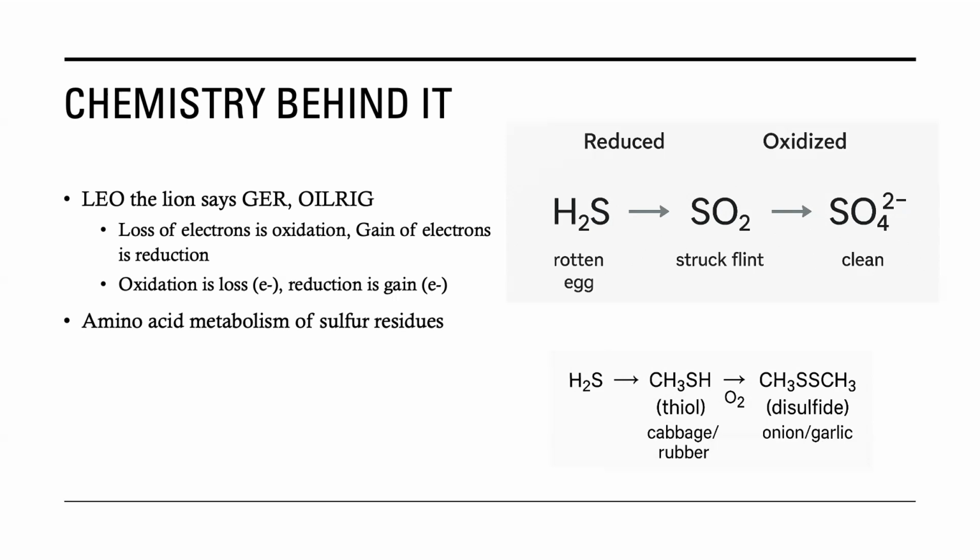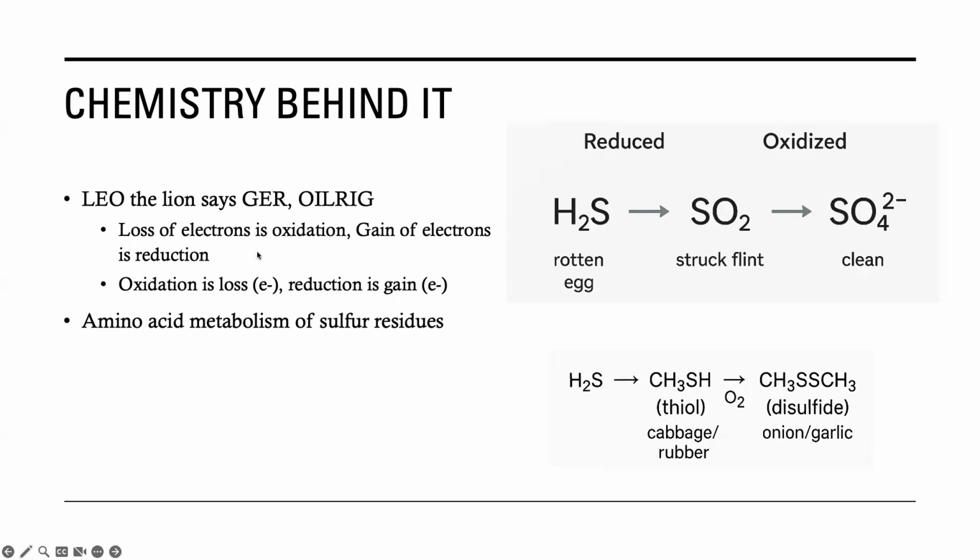Because of that, we can get compounds or molecules exchanging electrons, and that's a type of reaction. You may remember from high school level chemistry, Leo the Lion says GER, or OIL RIG, depending. I learned Leo the Lion says GER. But basically, they're the same thing. Loss of electrons is oxidation. A gain of electrons is reduction.